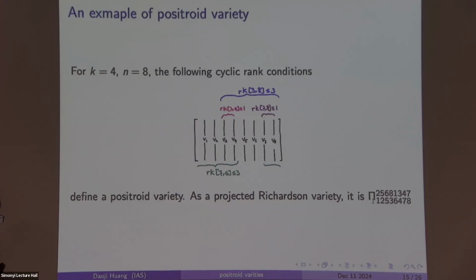In fact, if I only have one cyclic rank condition, I call that a basic Positroid variety. I can get the rest by intersecting the basic ones. But also the other way around: if I put just the cyclic rank conditions, then every component is a Positroid variety. Yeah, exactly, that's because of Frobenius splitting.